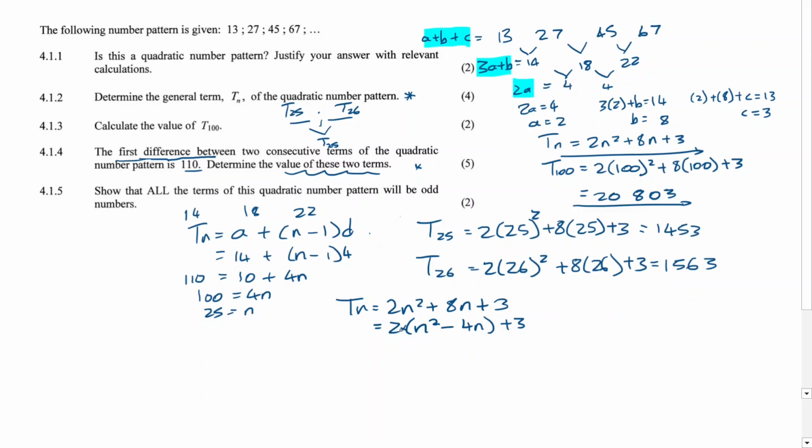So 2 times this will always be even, plus 3, which is an odd number. So an even plus an odd will always equal an odd number, and that's how you can prove and show that all the terms in this pattern will be odd numbered answers.